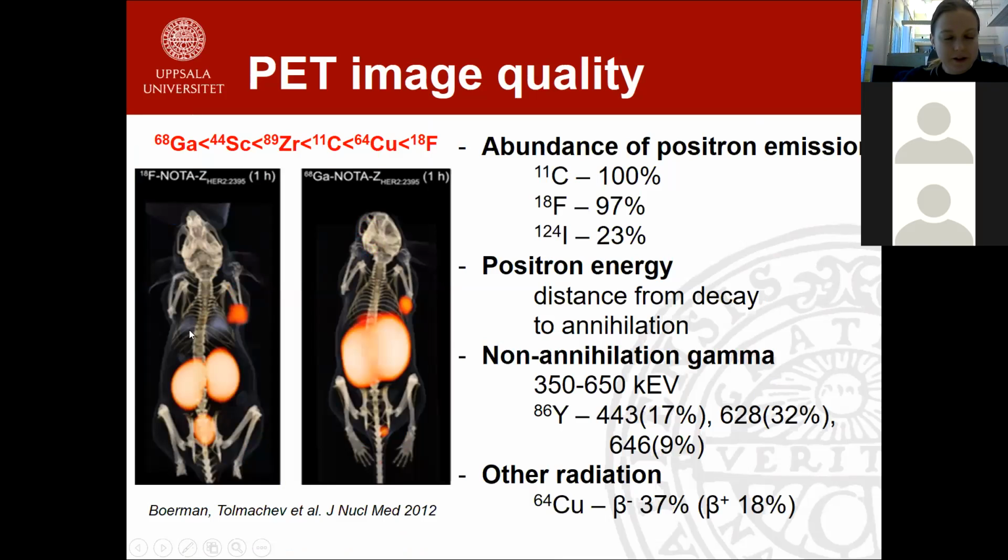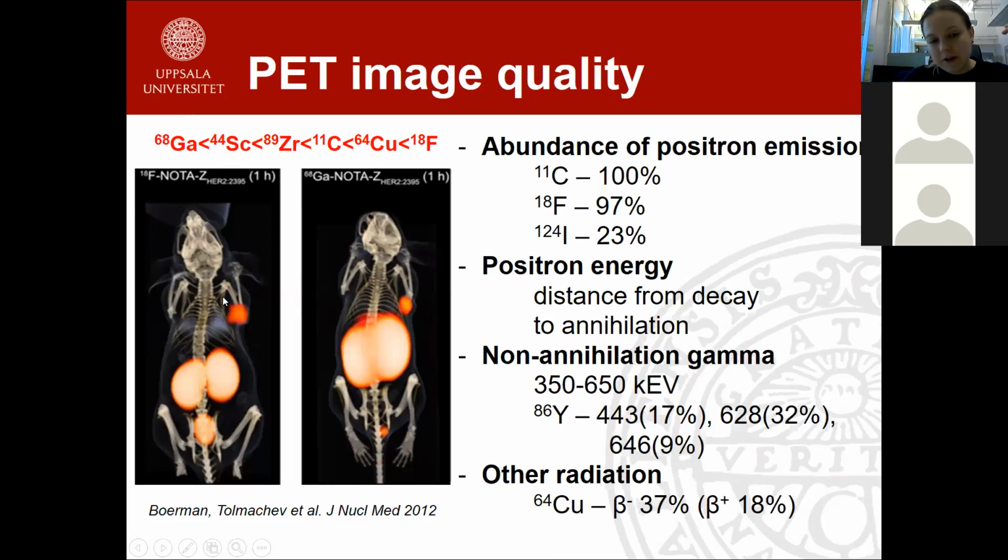And basically, it's also another example that illustrates why this is important when we do imaging. In this case, we have a fluorine-18 labeled molecule, an antibody, and a gallium-68 labeled molecule that targets tumors.